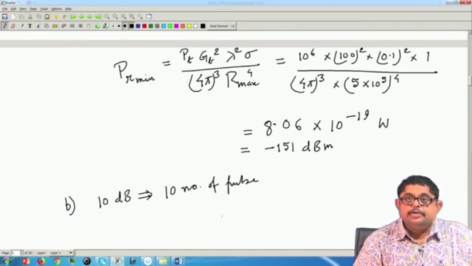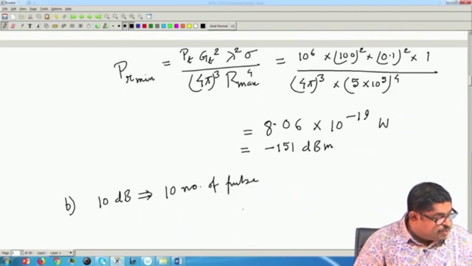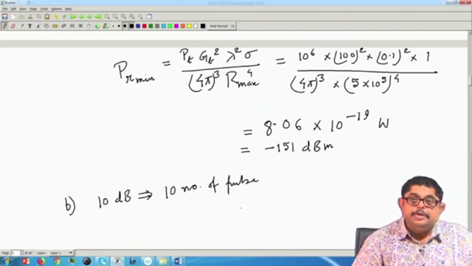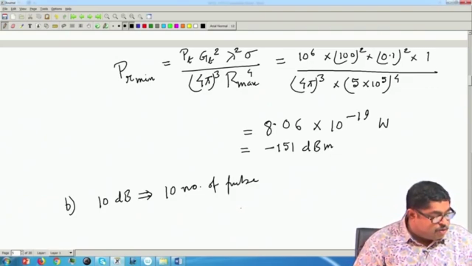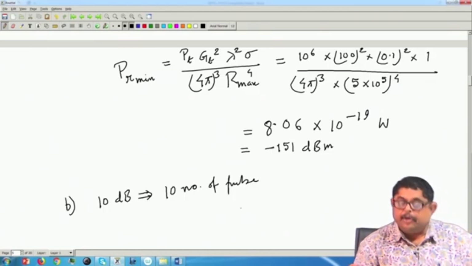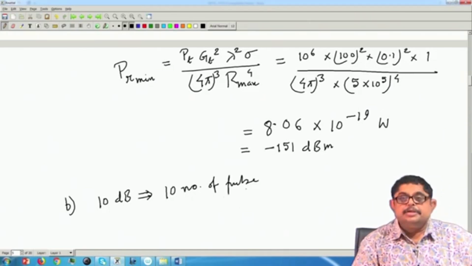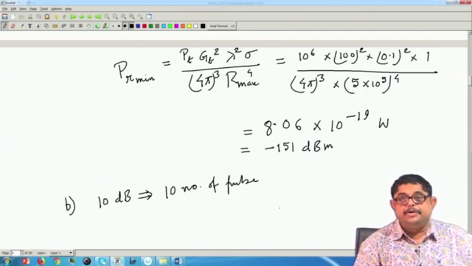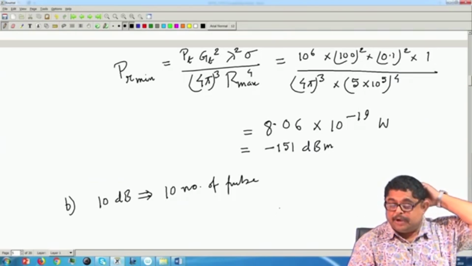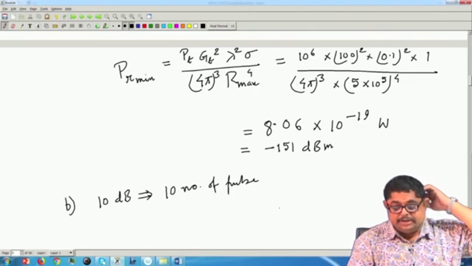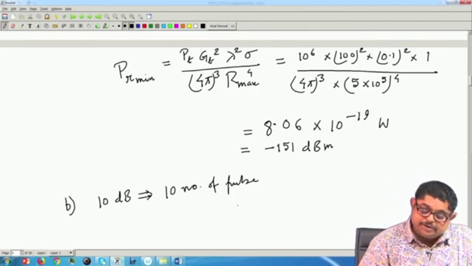So, 10. That means the answer to part B, the minimum number of echo pulses required to be integrated by the indicator for detection of a point target, will be 10 pulses, because this is minus 151 and detector sensitivity is minus 141. So, that gives me an improvement of 10 in terms of power received, by integrating 10 pulses.